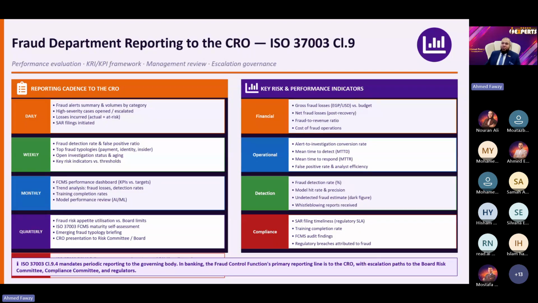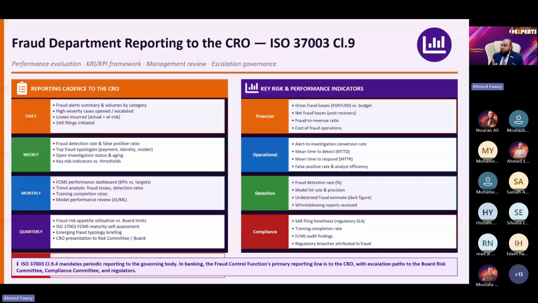Maybe the time to detect a problem like a server down, compared with the mean time to respond. It is X and Y in business continuity, while here it is 0.1 from this X, 0.2 from this Y.